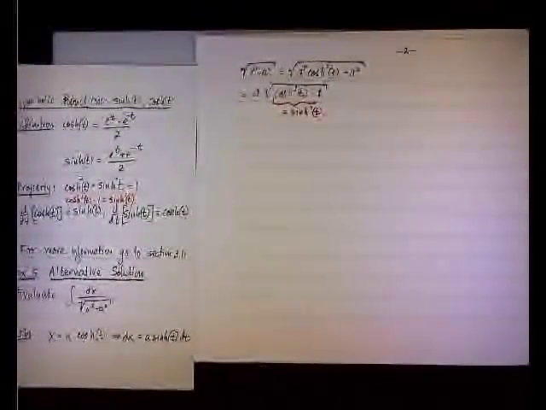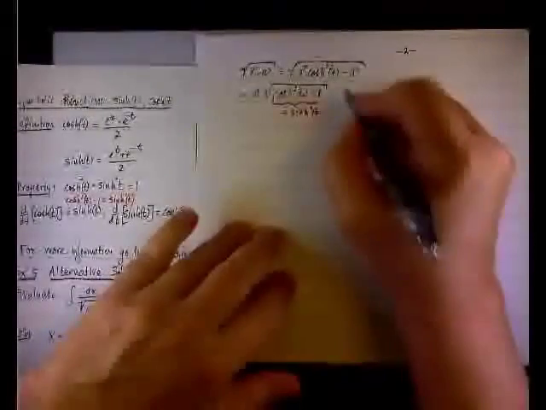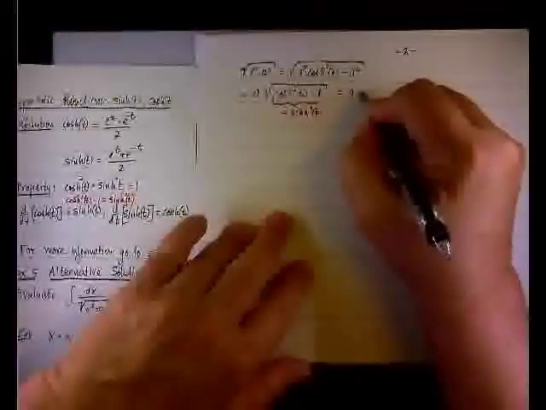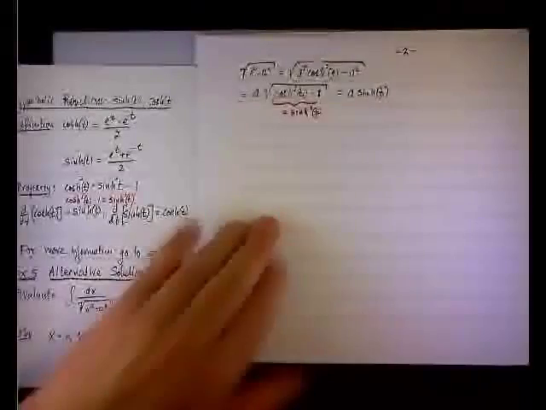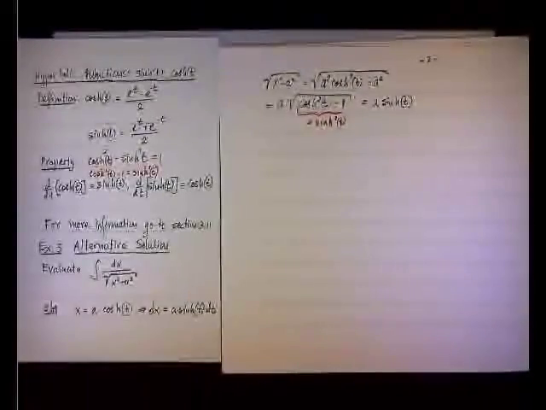So I'm using this substitution here, and of course I'm taking the square root, and the denominator now will be simply a times the hyperbolic sine.